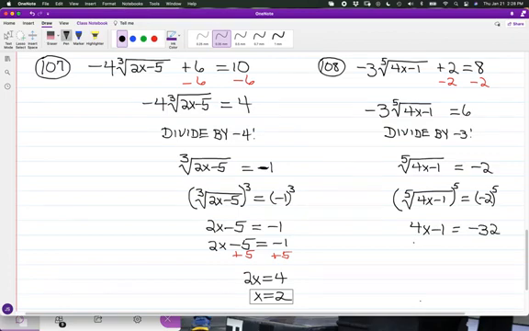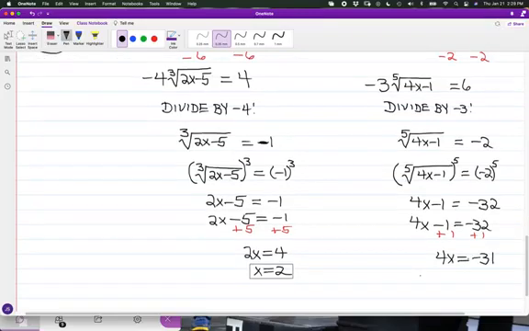And so we have 4x minus 1 equal to -32. Adding 1 to both sides, we'll have 4x equal to -31. And for the solution in x, this is just going to be a negative fraction, where we have x equal to -31/4.